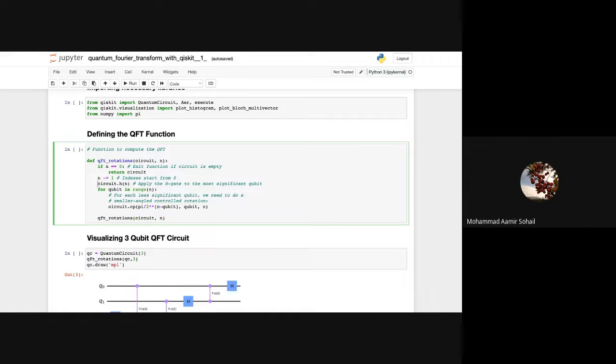So what we are trying to do here is apply the Hadamard gate to the most significant digit, and then using the for loop, we apply all these controlled phases. Controlled R is the controlled rotation, which is just a controlled phase. That's why we have a controlled phase here, and each phase is adding pi by 2 raised to n minus the qubit index.